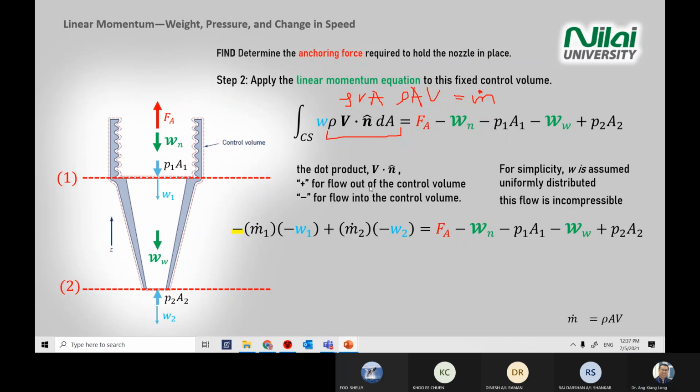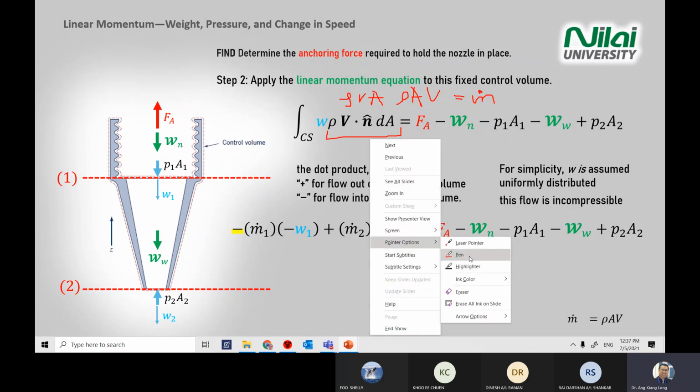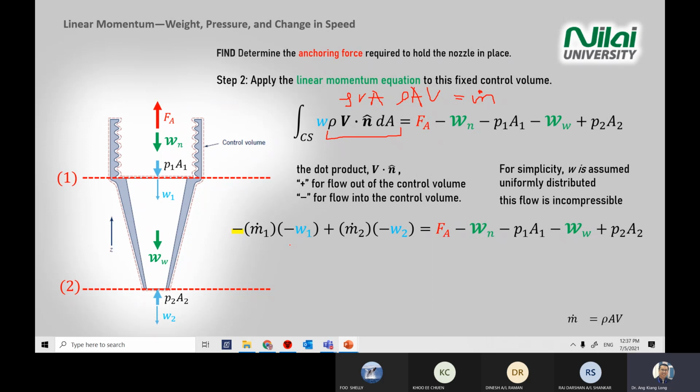The next one I'm going to explain and slow down a little bit. For input, you look at W. W direction is going down. Your Z direction is going up.